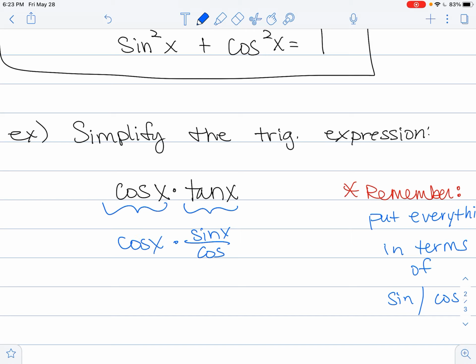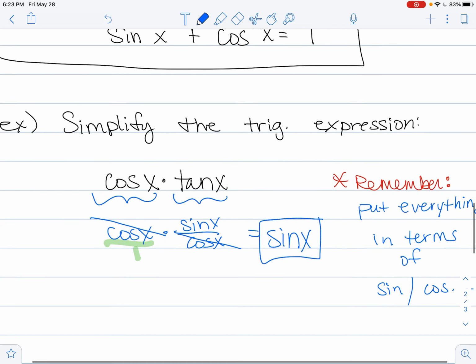So if I rewrite this, I've got cosine over 1 times sine over cosine. Cosine can cancel with cosine here, and I'm left with sine over 1, which is just sine x. So that's how we simplify trig expressions. We put them in terms of sine and cosine, and then we cancel where we can and simplify.